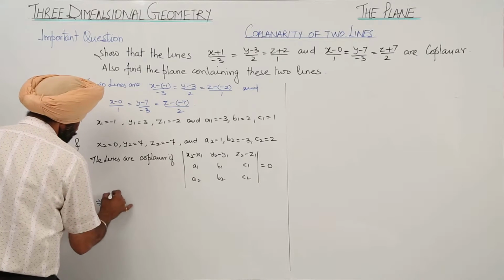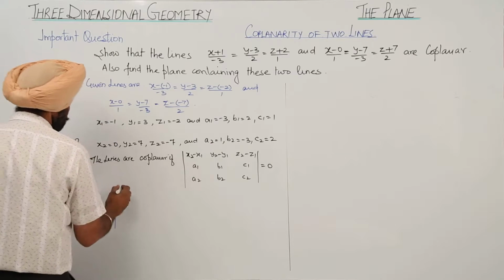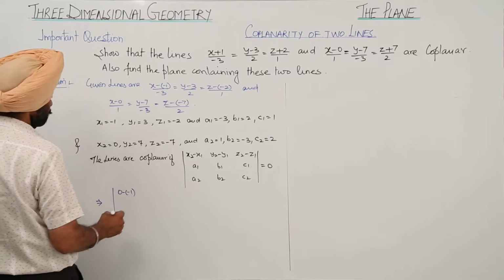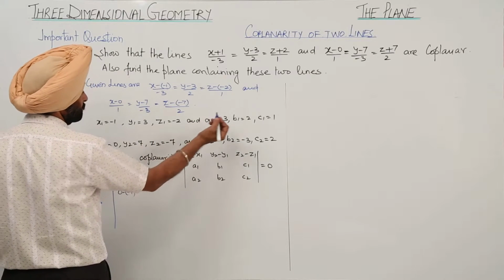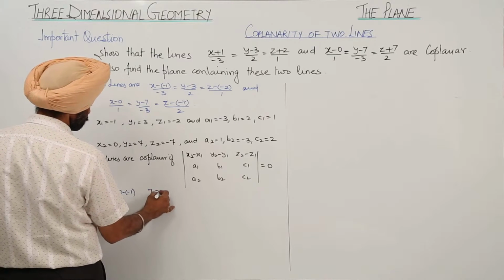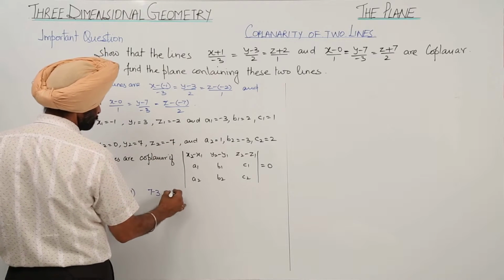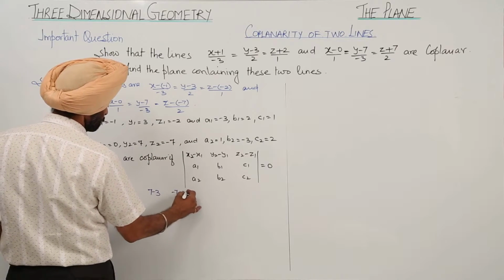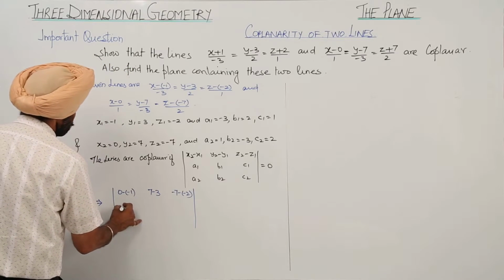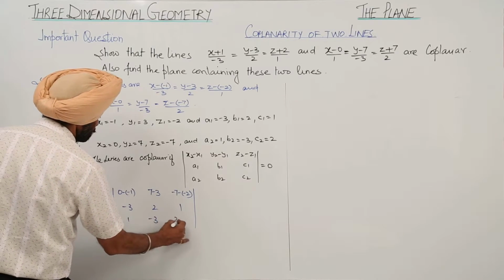This implies, now x2 minus x1 is 0 minus minus 1, y2 minus y1 is 7 minus 3, and z2 minus z1 is minus 7 minus minus 2, upon minus 3 2 1 and 1 minus 3 2.